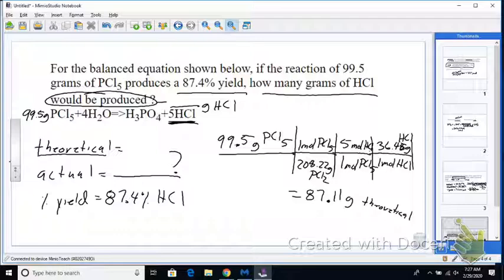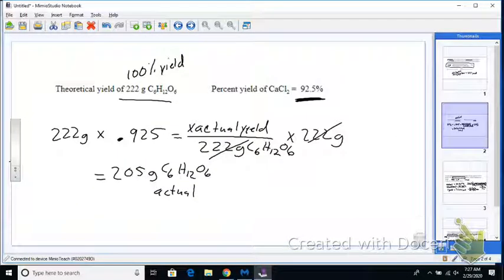After we do that, we can plug that in here. And like the problem above where we were given a theoretical and actual, if you look up above, we're going to do the same thing. So on this one, where we got the theoretical and we're given the percent yield, we're going to do that same exact setup right there.